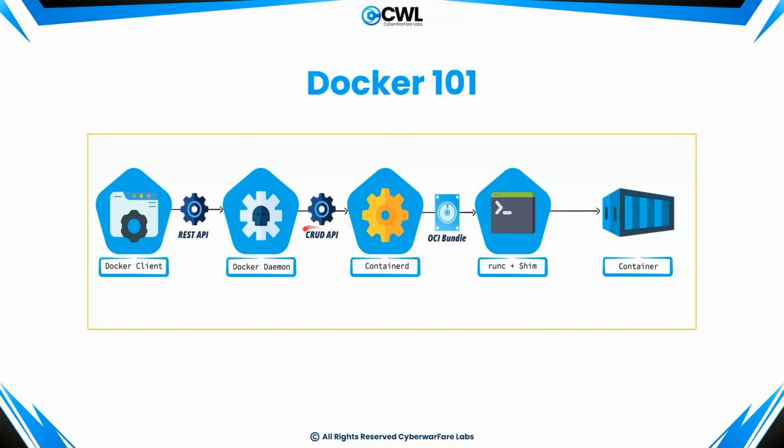These operations are performed on this particular service, containerd. The containerd basically extracts the OCI bundle, and then we have the runc plus shim present here, right? And this particular process, runc, is responsible for running a container, right?